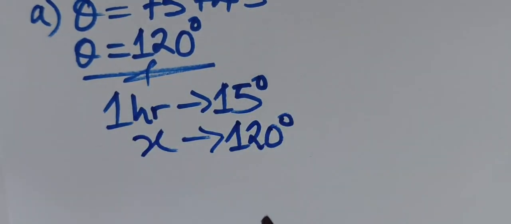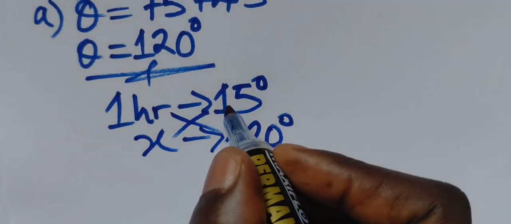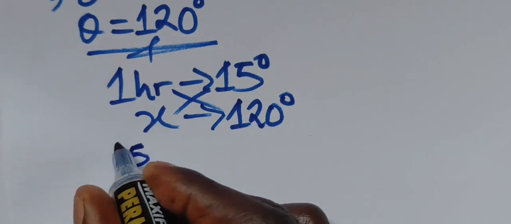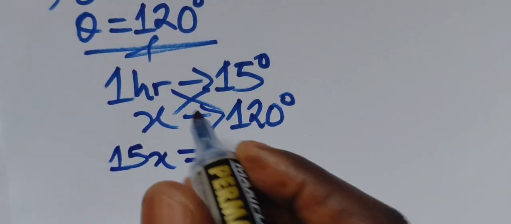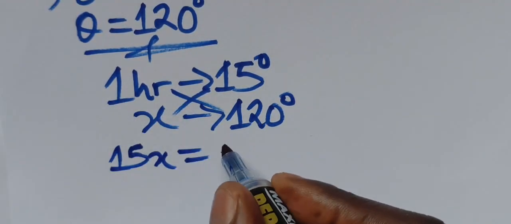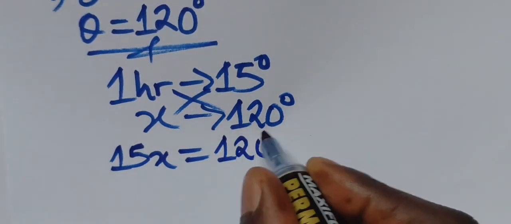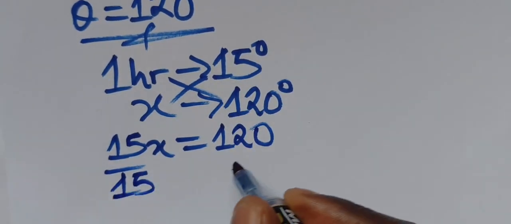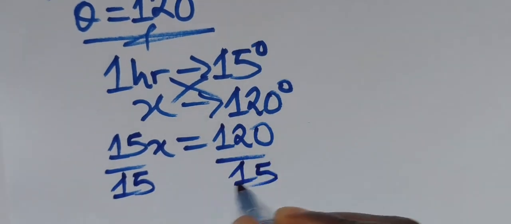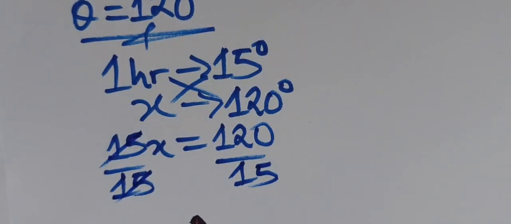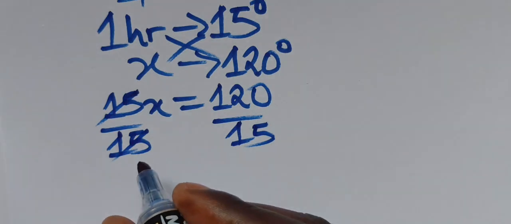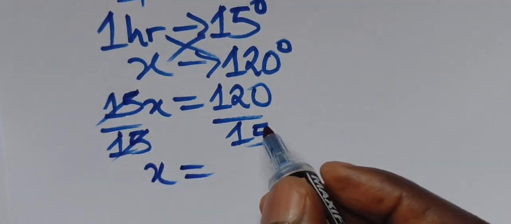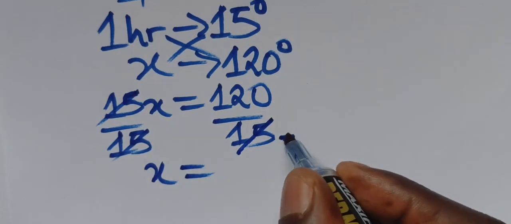So we put x and then cross multiply this. So 15 multiplied by x gives 15x, which is equal to 1 times 120. That gives 120. And then to get x, we'll simply divide through by 15 on both sides. 15 into 15 gives 1. 1 times x, we get x equal to, so for 120 and 15, I'll use 3. 3 into 15 gives 5.